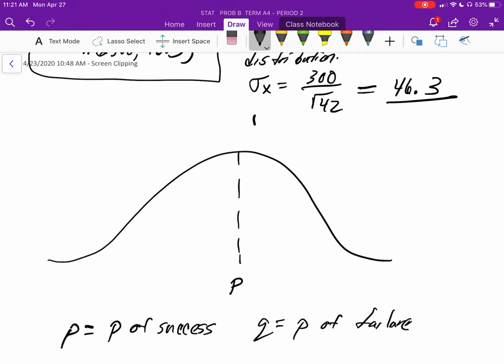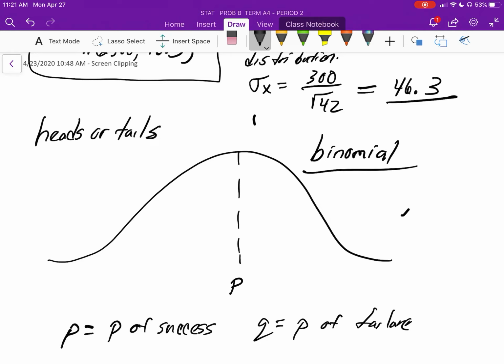So if it's what we call binomial, there's only two outcomes. One of the easiest binomials to look at would be heads or tails. The probability of a head would be 0.5 and the probability of a tail would be 0.5, and that would be right here in the middle.